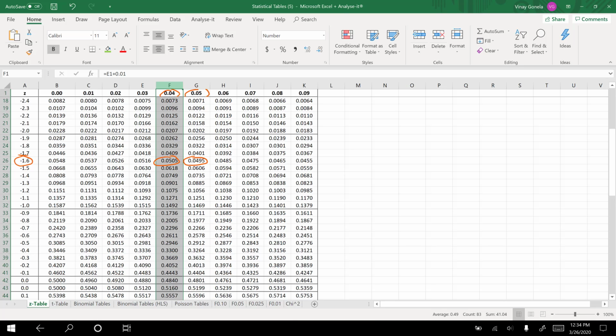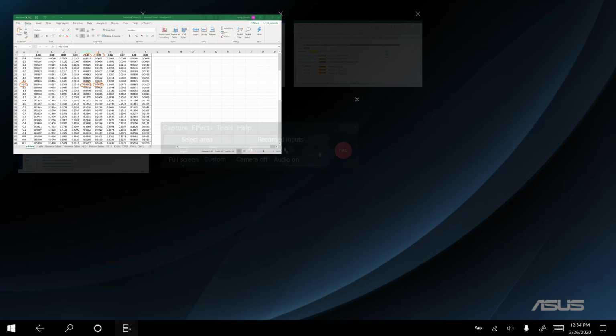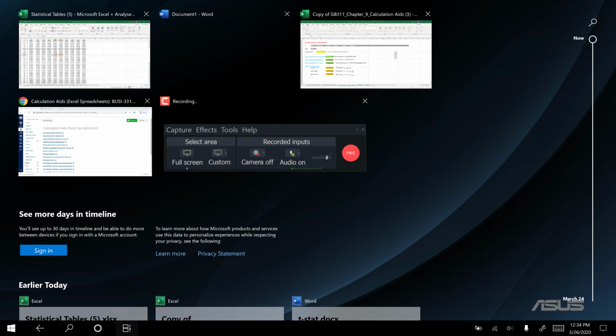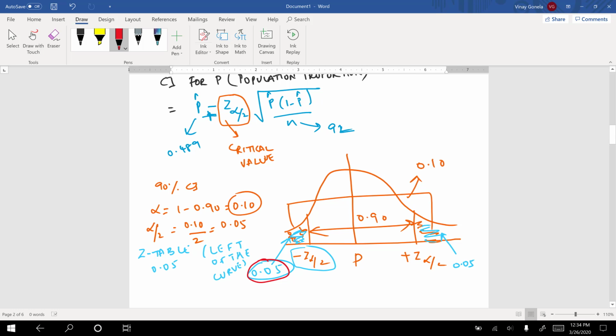So I will take negative 1.64. You can take 1.65 also, the answer will be right. It's not necessary, but I like even numbers. So this is plus 1.64.